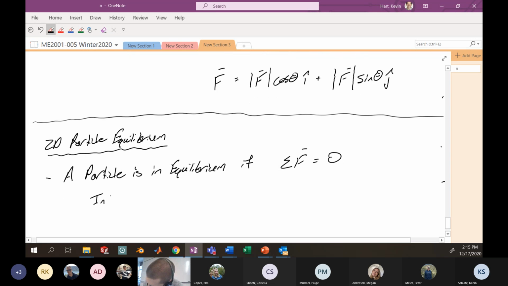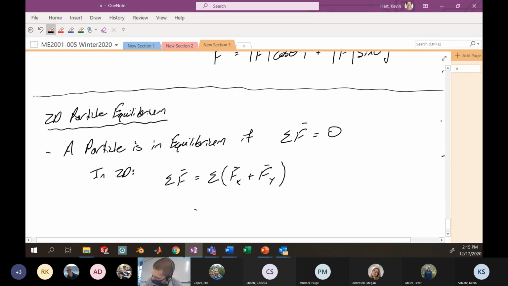In 2D, we generally saw that the sum of the forces could be represented as the sum of the forces in the X direction plus the forces in the Y direction, which was the sum of the magnitude of force in X times the I hat plus the magnitude of the force in Y times the J hat, all equal to 0.